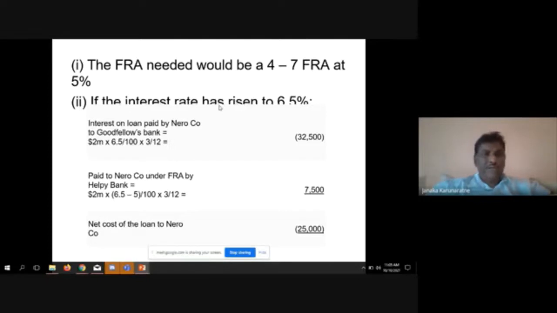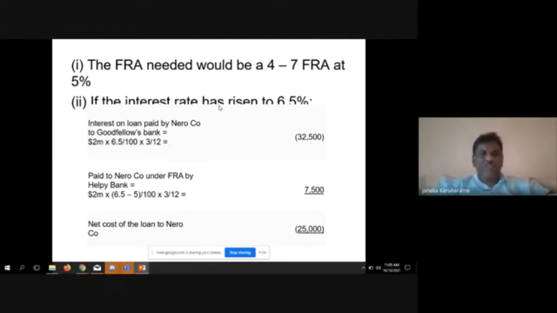Now, since I have entered into a FRA, the bank will pay me the difference. Helpy Bank, what is the difference? 6.5 minus 5. So I will get 7,500 from the bank because of the FRA, that is the seller of the FRA.